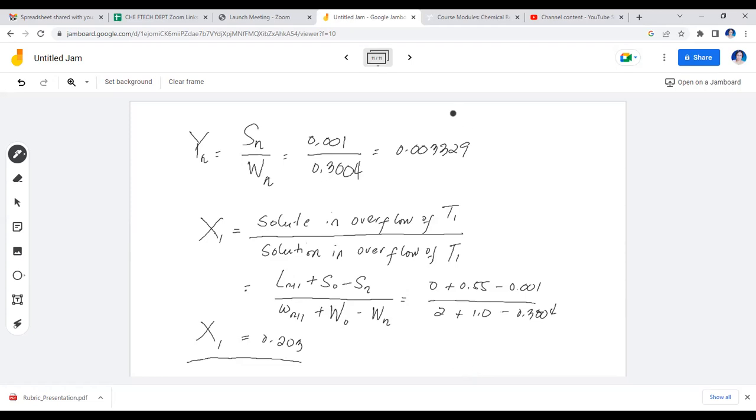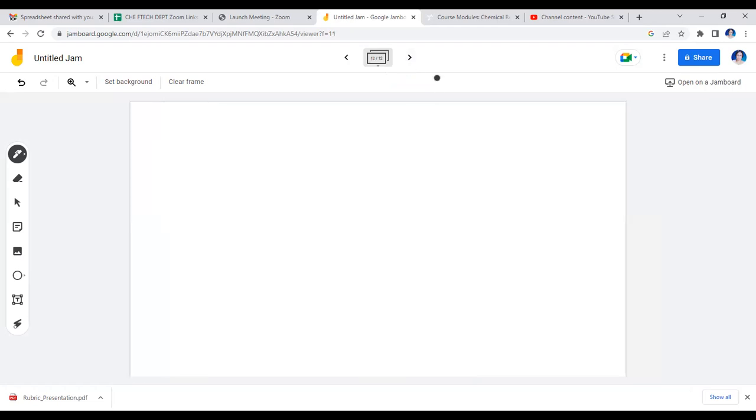The next thing that we do is we should have a generic equation that will determine the concentration of the overflow, whatever thickener it came from. So we will still have this guide.